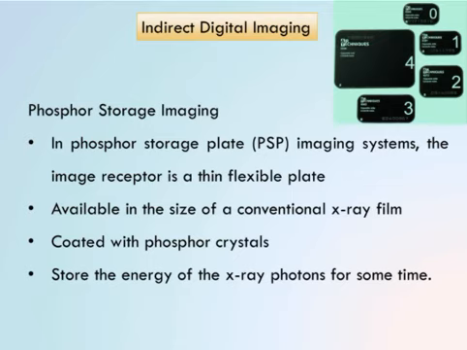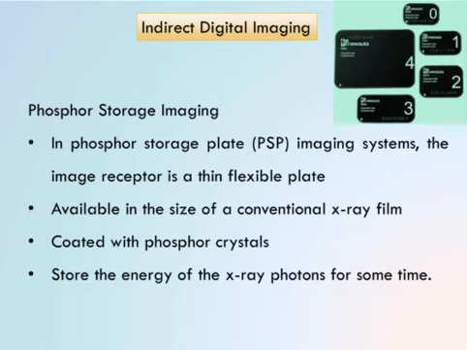So, occlusal radiography, in which you take the radiograph by placing the sensor or the film on the occlusal surface of the tooth, can be taken using the conventional X-ray film or this PSP plate. The advantage of this PSP plate over the sensors that we can find in the clinics is that it is thin and flexible.